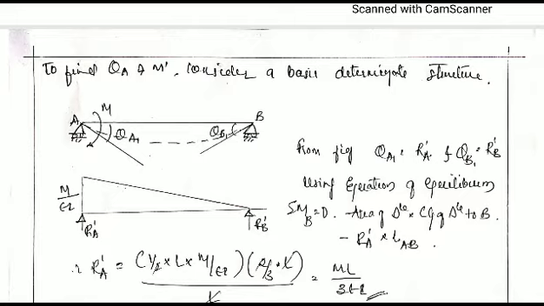Let theta A1 be the rotation at A, and similarly theta B1 the rotation at B. Let us find the values of these two in terms of the applied moment.